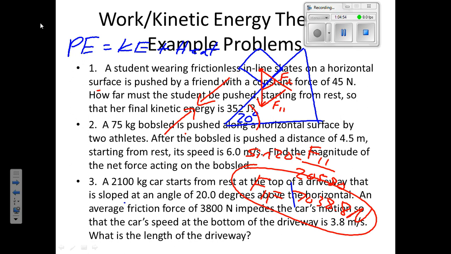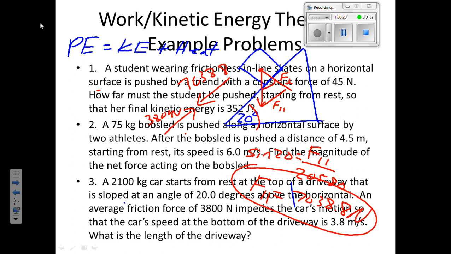The net force along the plane is going to be 7,038.8 what? What do we need to do with that 7,038.8? We need to subtract the friction from it, right? We've got 7,038.8 going this way, and we've got 3,800 going that way. So let's subtract them.